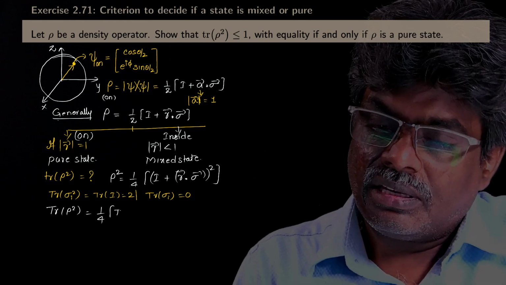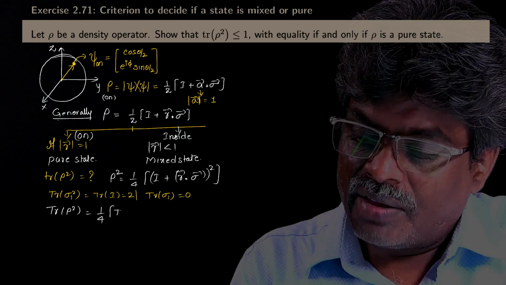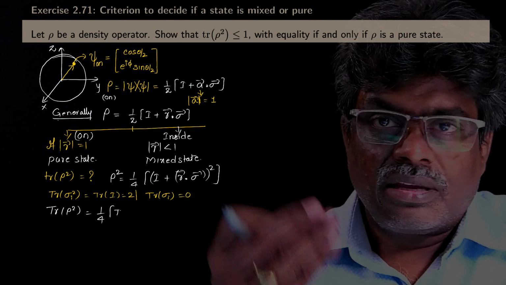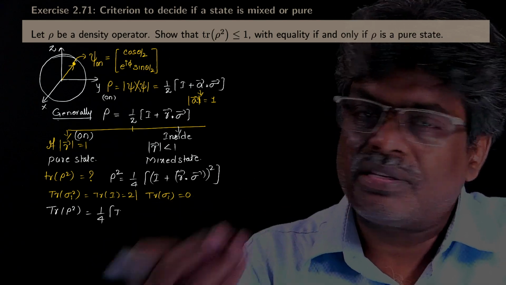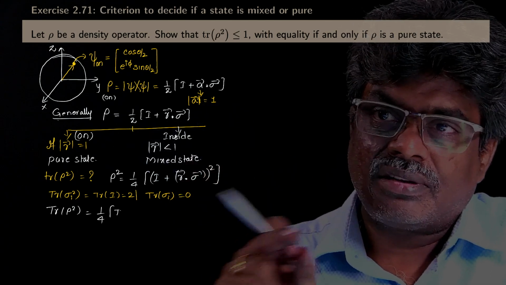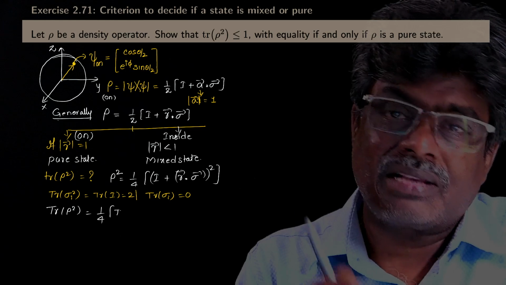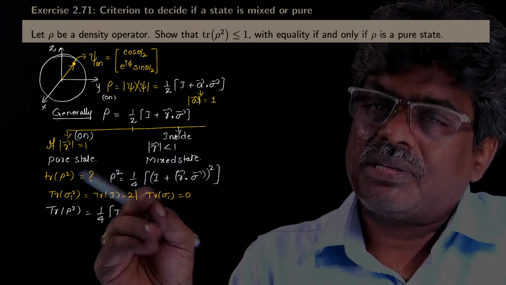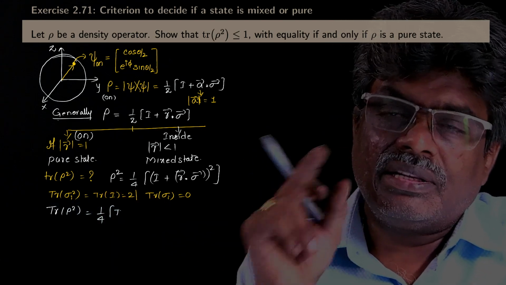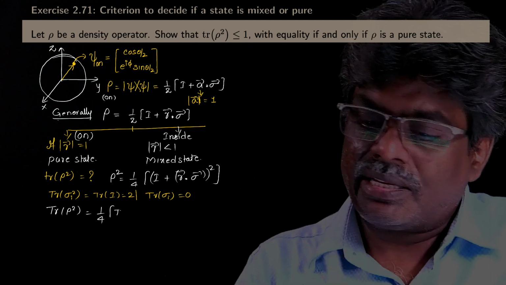The reason is, if I take 2ab, here I will get r bar dot sigma bar. So then it is nothing but x sigma x plus y sigma y plus z sigma z. And if you take the trace, we get trace of sigma x plus trace of sigma y plus trace of sigma z, with x, y, z as coefficients. So then it is equal to 0. So that's why I am not taking that cross term.